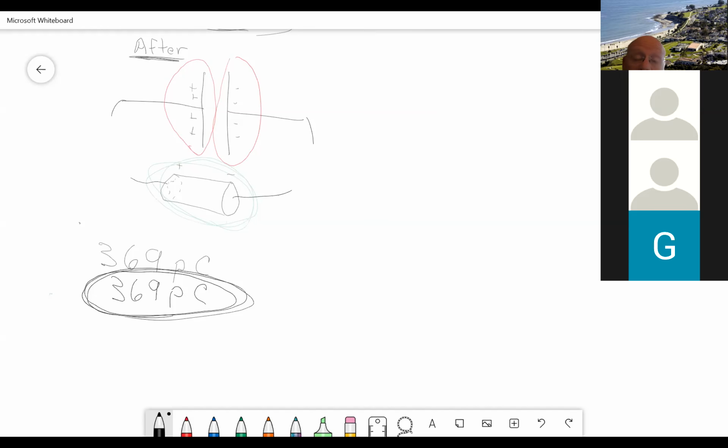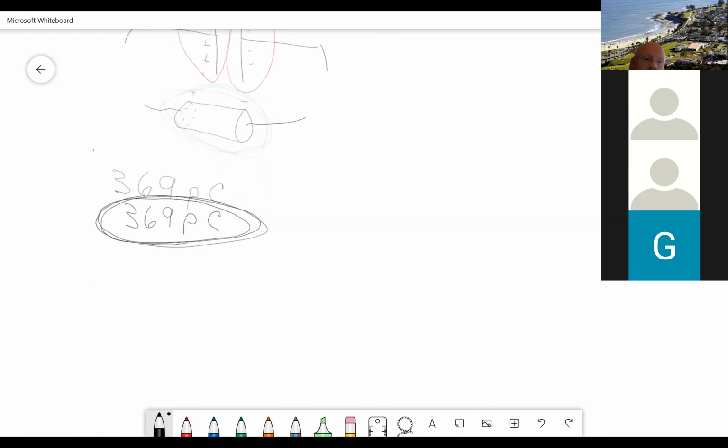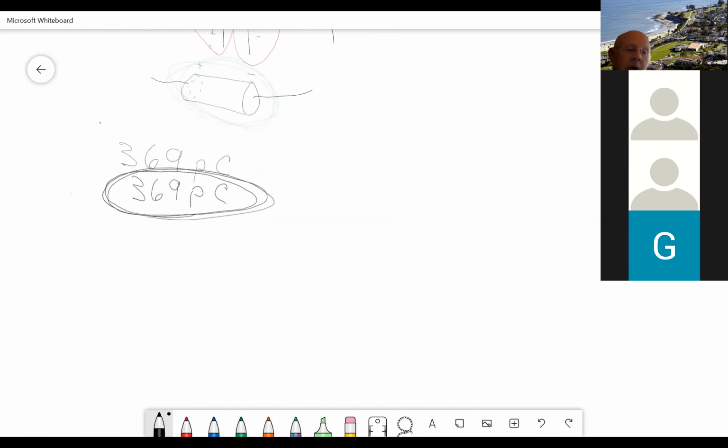There's still some hard stuff in B, but the hard stuff in A is to recognize that, because of conservation of charge, it does not change. So maybe I should move on to B and let that soak in for a little bit. Yeah, that sounds good. Okay.